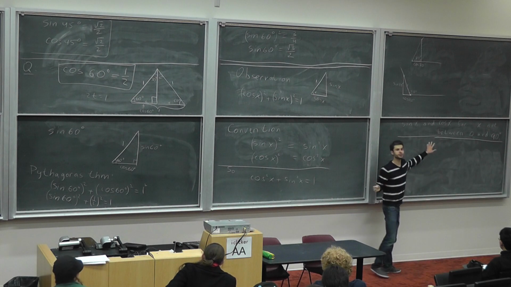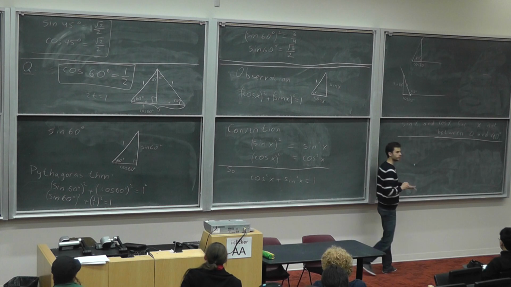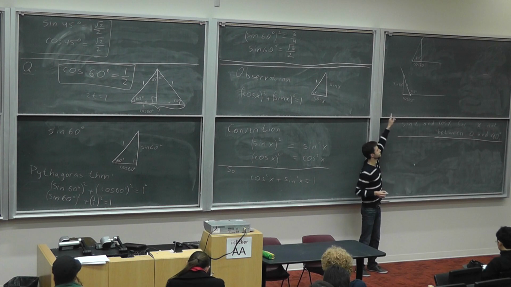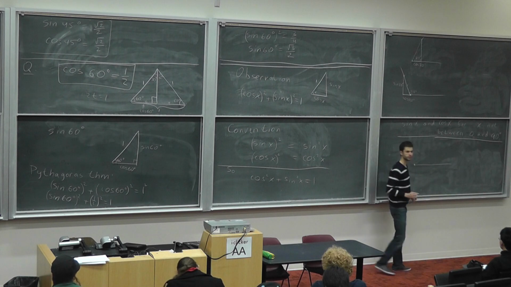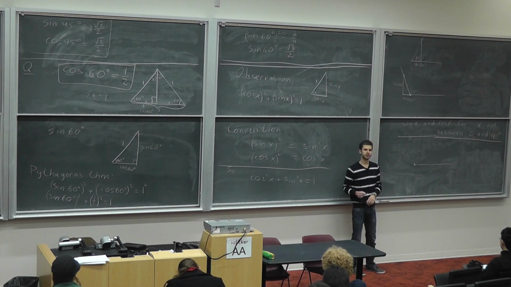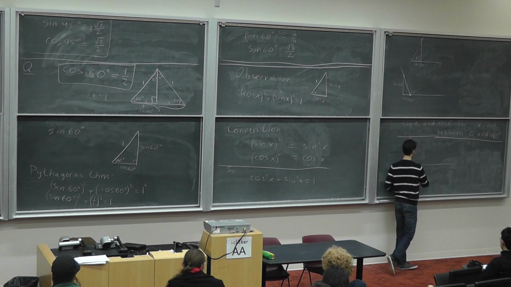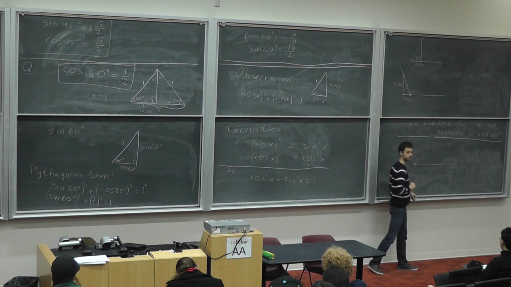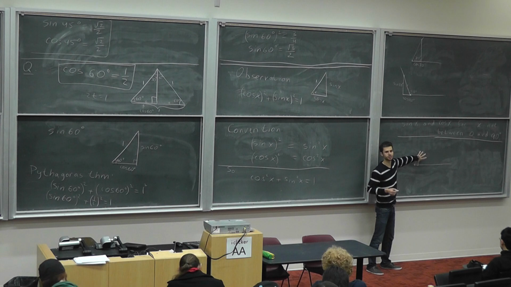So here's the definition. You do the following. We start with the origin, like we started there. We take a horizontal line, like this. Then we want to find an angle x here, and measure a segment of length 1 in this direction.